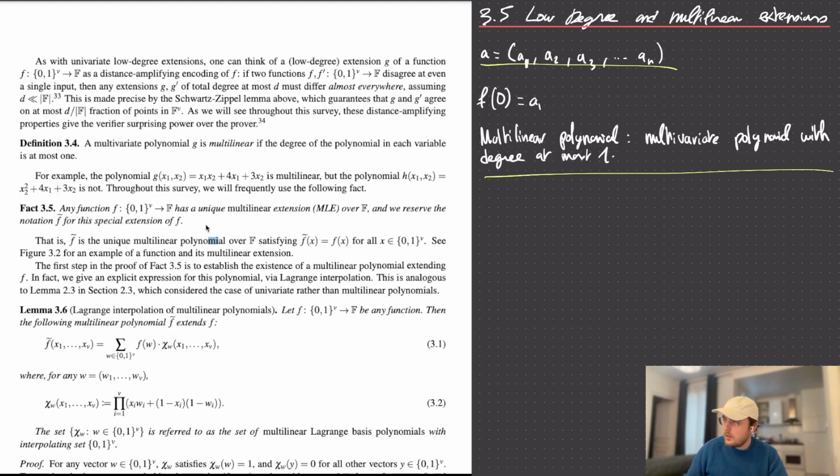They're saying that for all x in {0,1}^v, there is F where the MLE, the multilinear extension of F, is F of x.